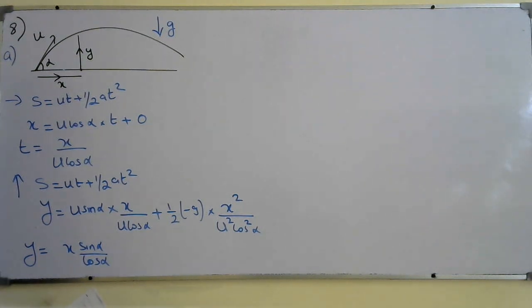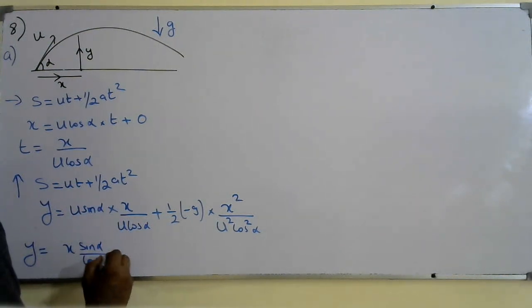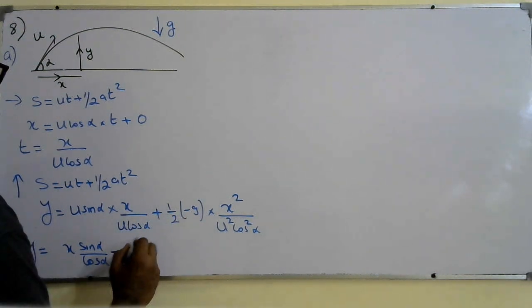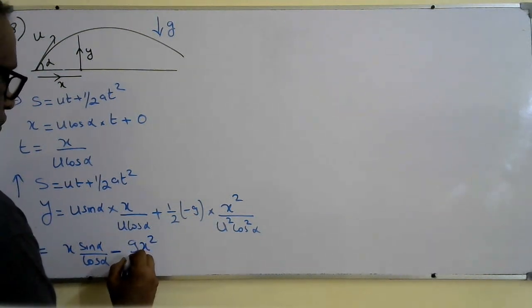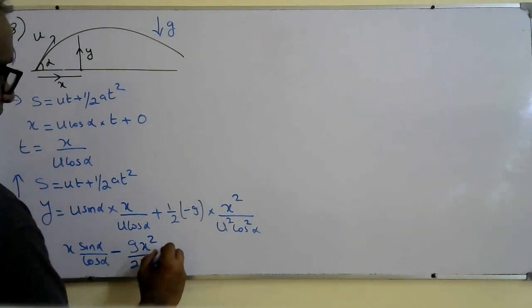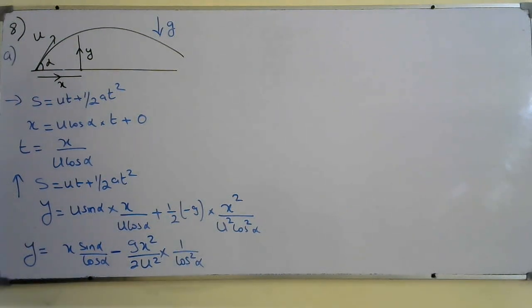So there will be x sine alpha over cos alpha, minus g x squared over 2u squared, into 1 over cos squared alpha.